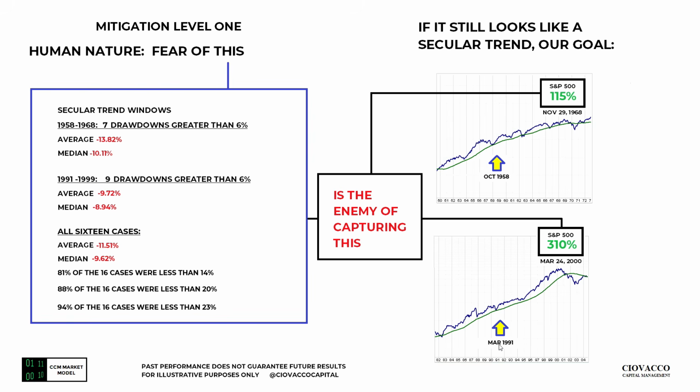Walking forward from March of 1991, taking a long-term perspective, rather than worrying about 100% normal and to be expected drawdowns, was very rewarding. The additional gain in the S&P 500 index, walking forward from March of 1991 to March 24th of the year 2000, an eye-popping figure shown on your screen, 310%.